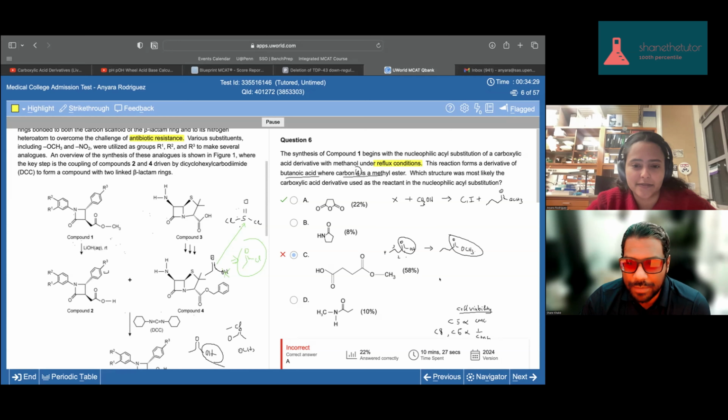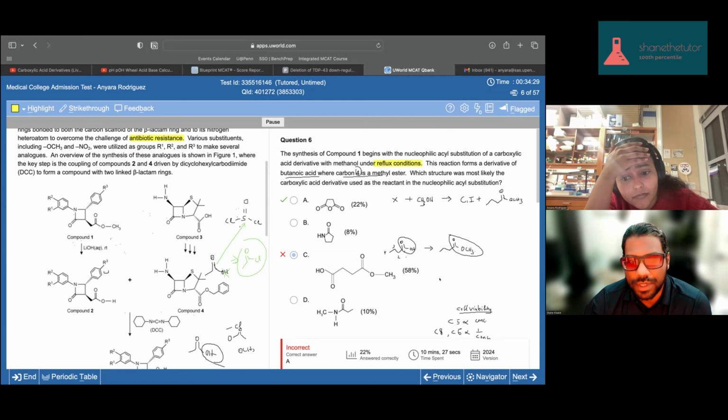So let's think about it. It has to be something that you can create an ester plus something else from, sort of like how you cleave an anhydride and you have two carboxylic acids. So they're talking about the nucleophilic acyl substitution of a carboxylic acid derivative with methanol under reflux conditions.